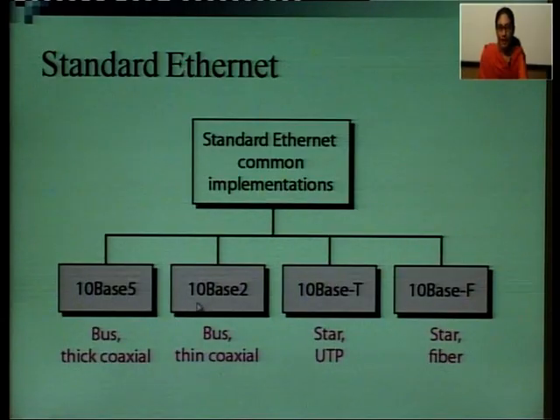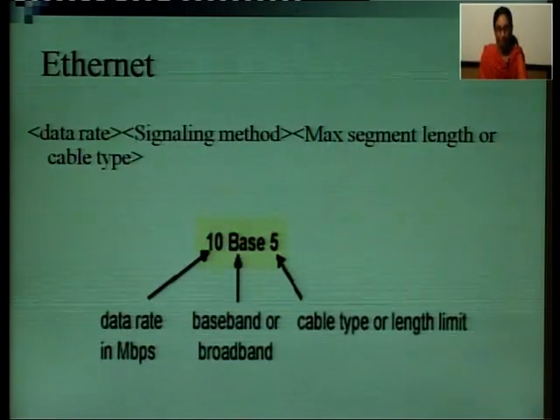Second is 10 base 2, in which the bus topology is also used. It is also known as thin coaxial. Now 10 base T means UTP, that is unshielded twisted pair, in which a star topology is used. The fourth one is 10 base F, that is fiber optics, where the star topology is used. So this is the traditional or standard Ethernet implementation.